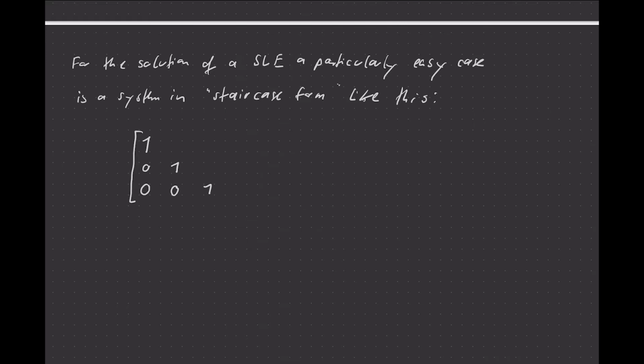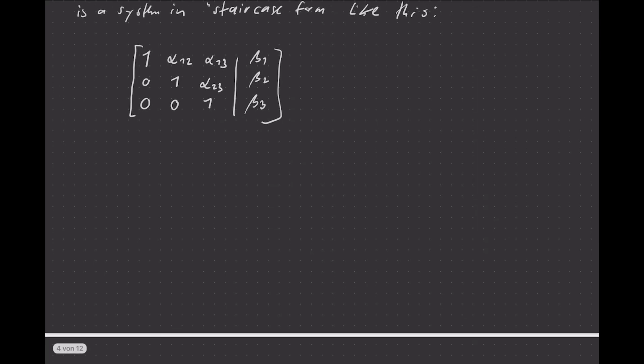And we have some coefficients on top of those 1 entries. So we have the coefficients here, alpha 1,2, alpha 1,3, arbitrary coefficients, alpha 2,3 here, and of course the right-hand side. Now, if we have a system like this, the solution can be easily determined.